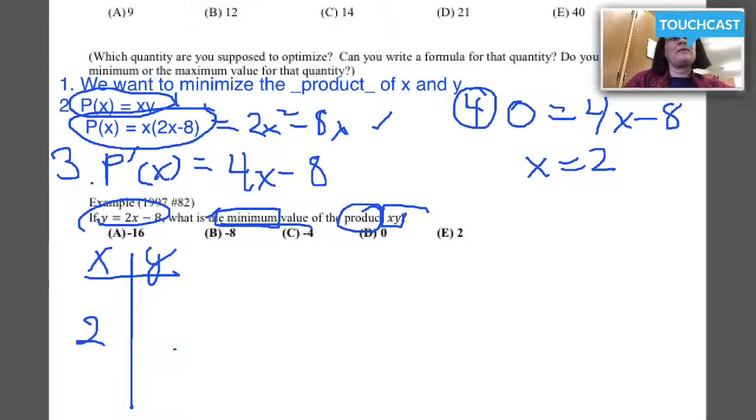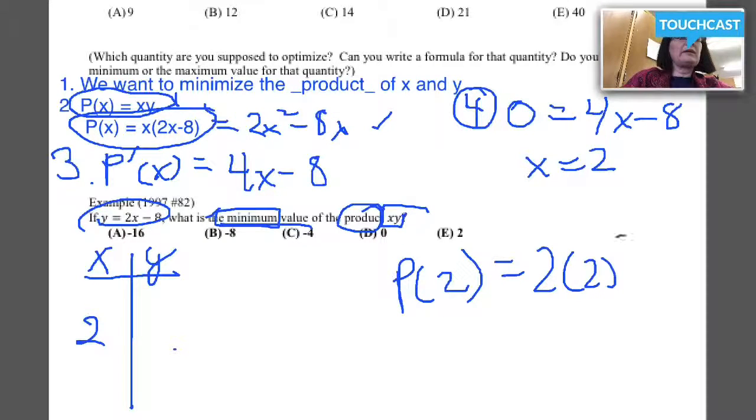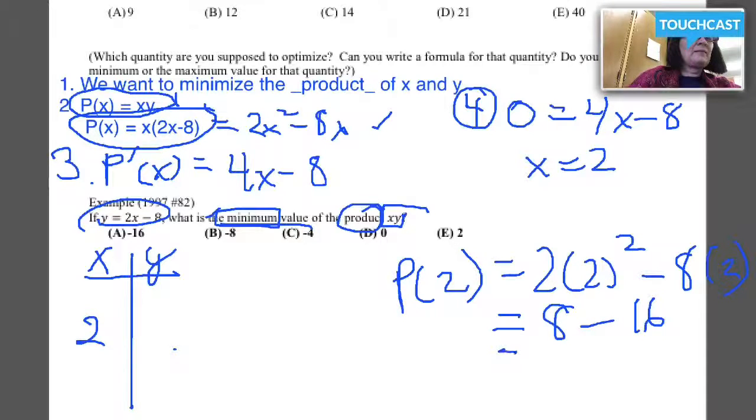So when x is 2, p of 2 is going to be 2 times 2 squared minus 8 times 2. There we go. 2 times 2 squared, so that's 4 times 2 is 8, minus 8 times 2 is 16, negative 8. So that's what I get for the product, negative 8.